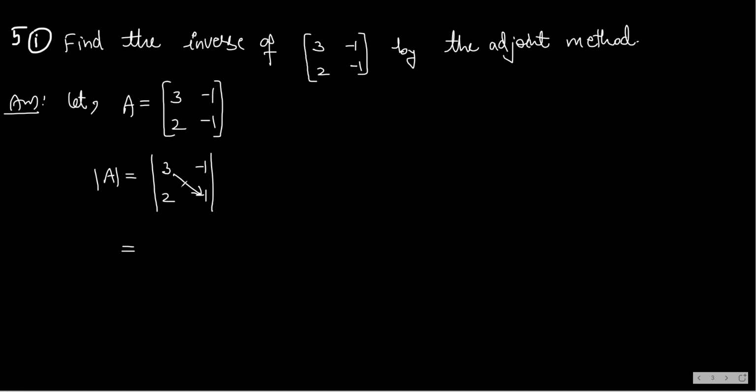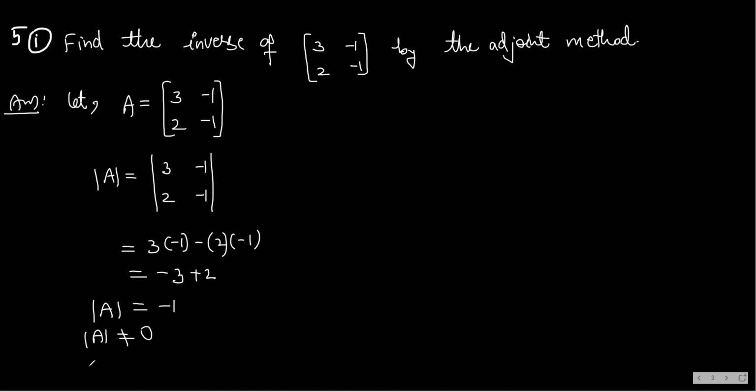Now see, the determinant is 3 into minus 1 minus 2 into minus 1. So you have negative 3 plus 2. The answer is negative 1. Determinant of A is negative 1. Therefore, determinant of A is not equal to 0.